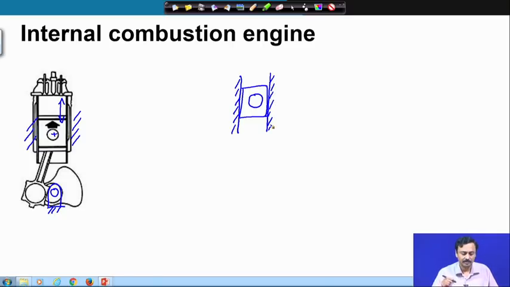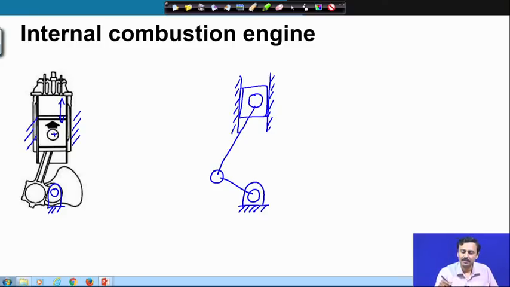This is connected by this connecting rod, and finally again to the ground, which goes to the crankshaft. So, here we have a prismatic pair and 3 revolute pairs. So, we have 3 revolute pairs and 1 prismatic pair.